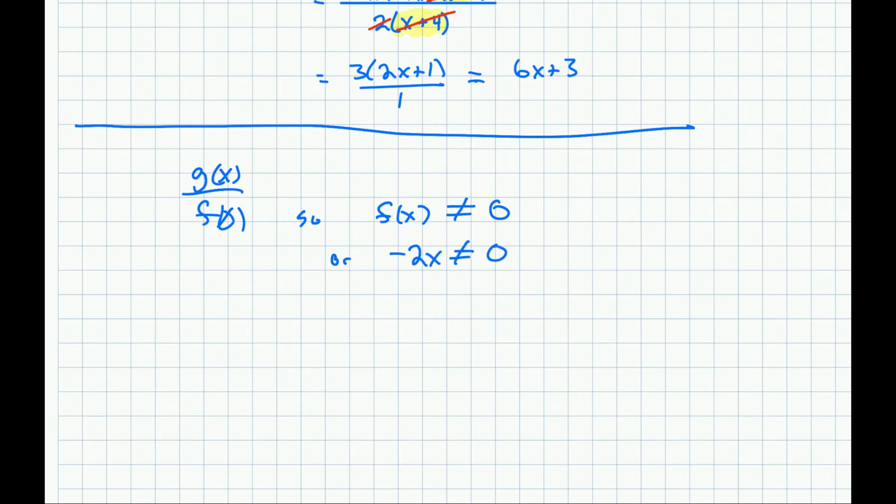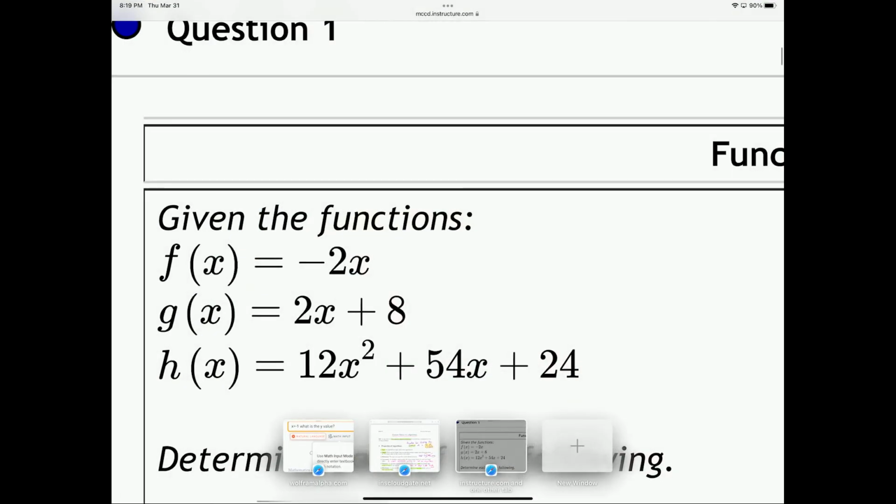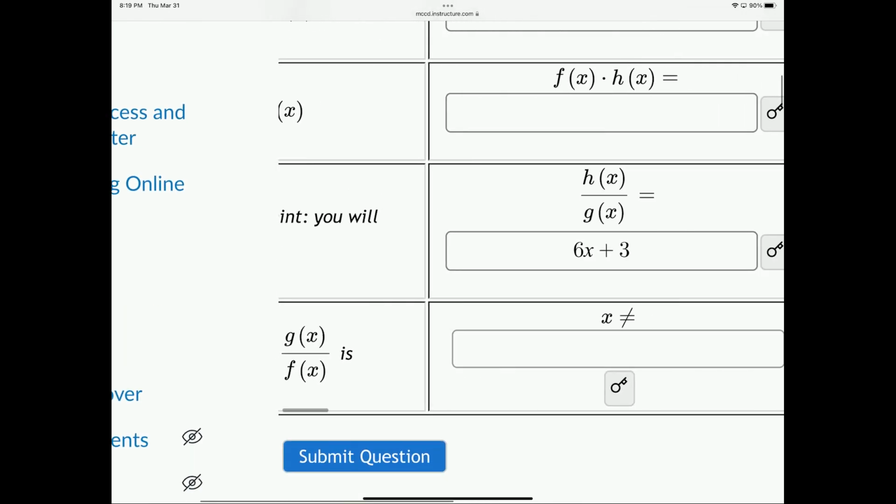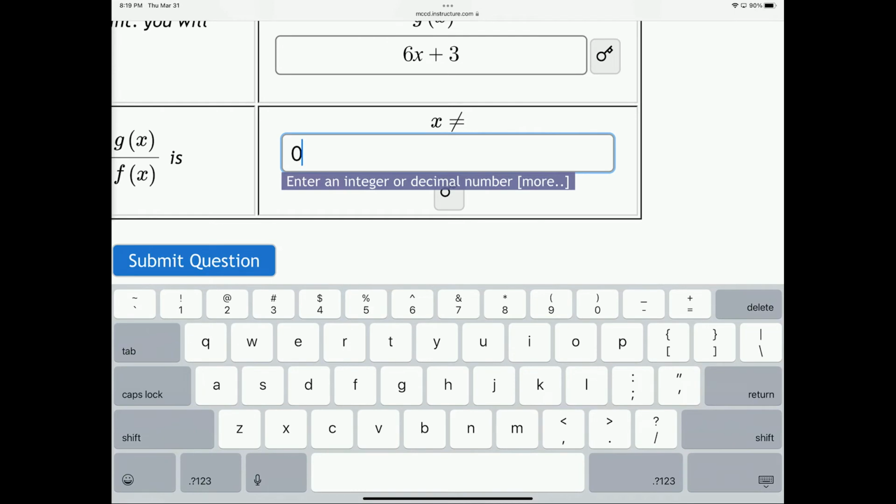Now, you can just divide both sides by -2 here, and you'll get that x cannot be 0. And so that's what they're going for on that last problem, where it says x cannot be 0.